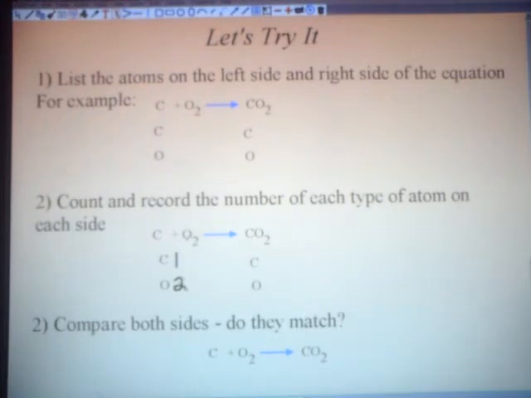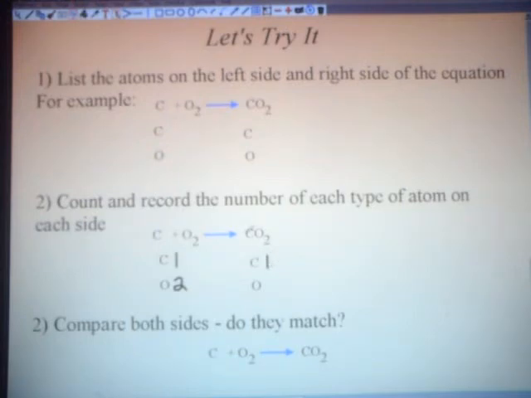Now let me compare with the right side. What is the subscript that follows C on this side? In other words, how many carbon do I have on this side? Very good. I have 1 carbon atom on this side.